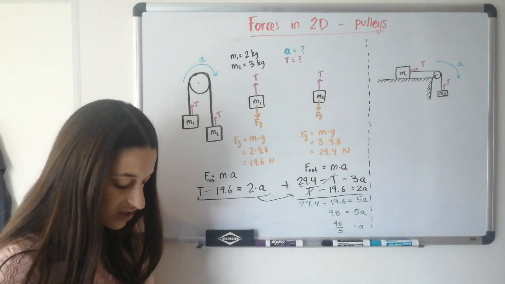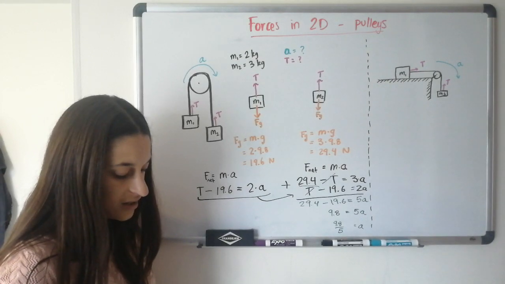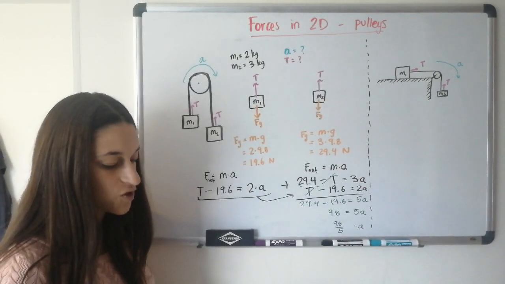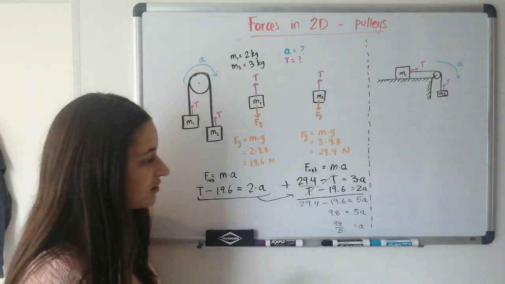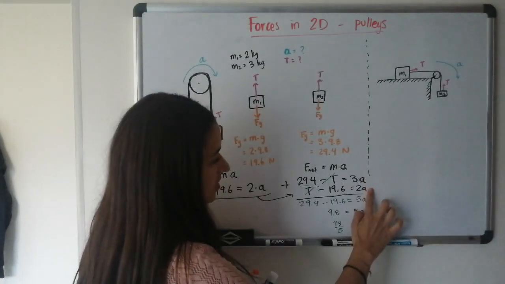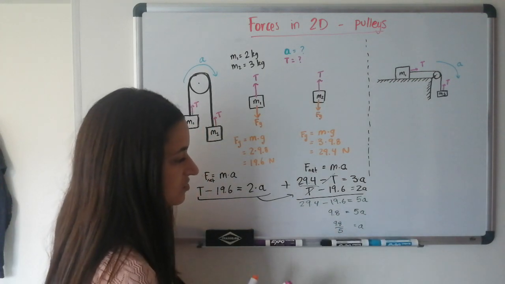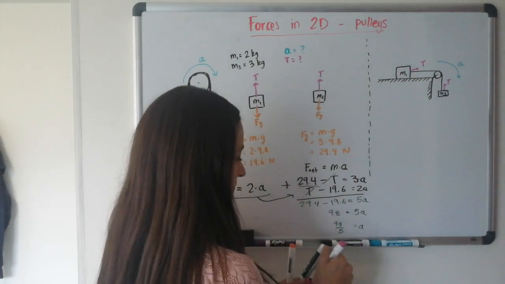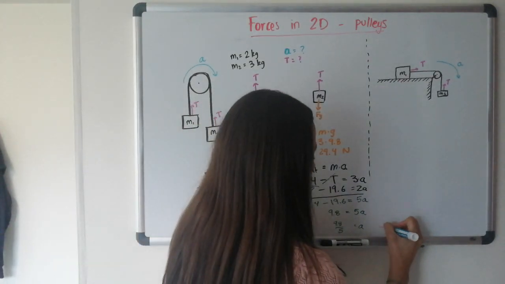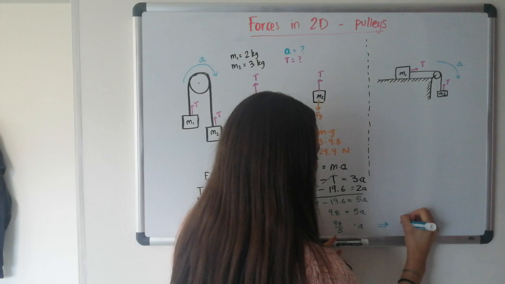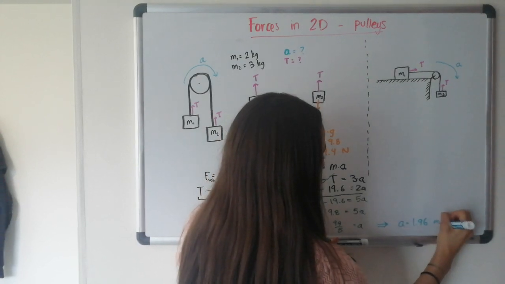Let's put that in the calculator. 9.8 over 5 gives us 1.96. So we get our a. From this equation, we get finally that a is 1.96 meters per second squared.